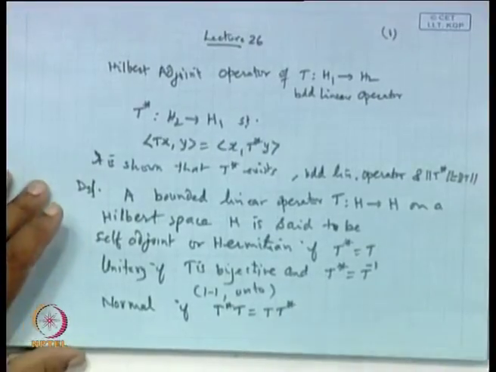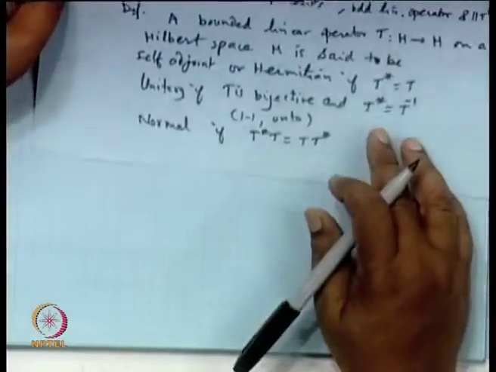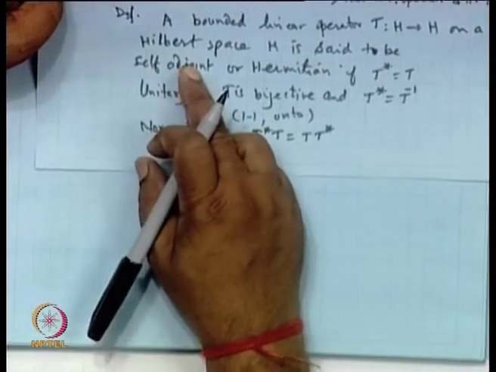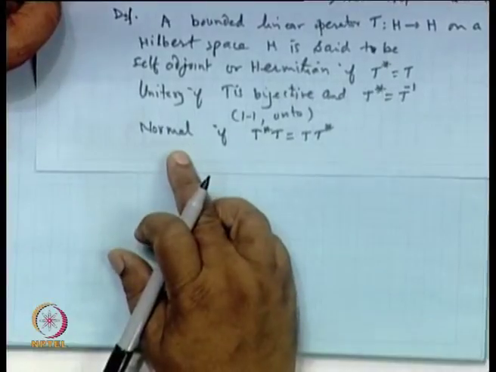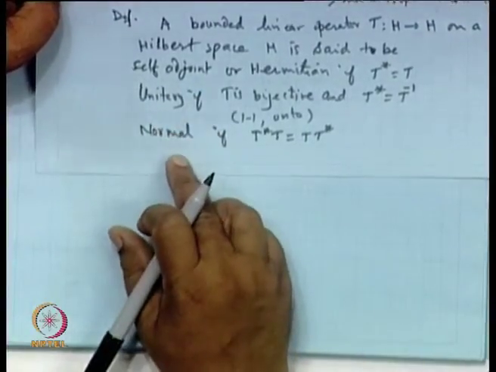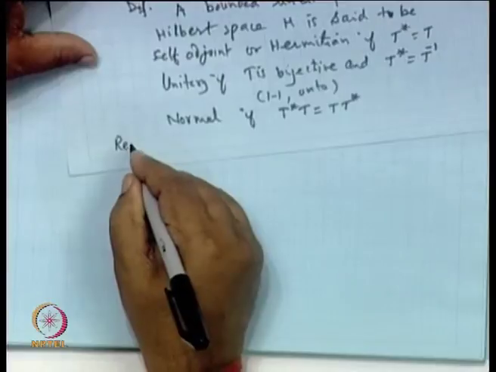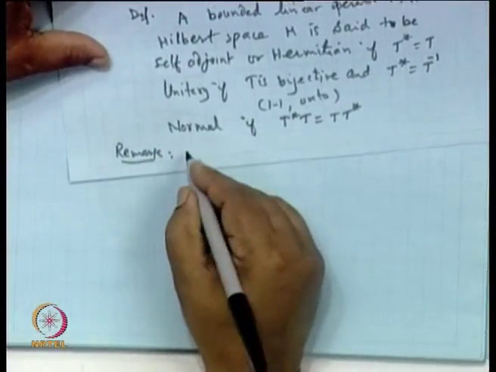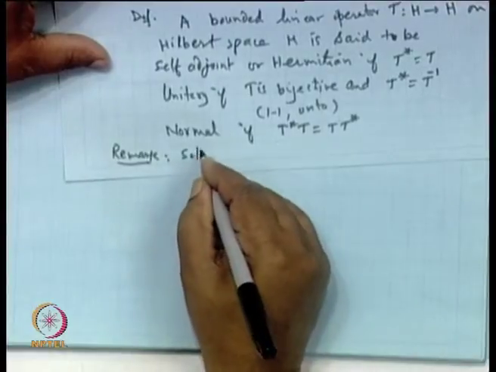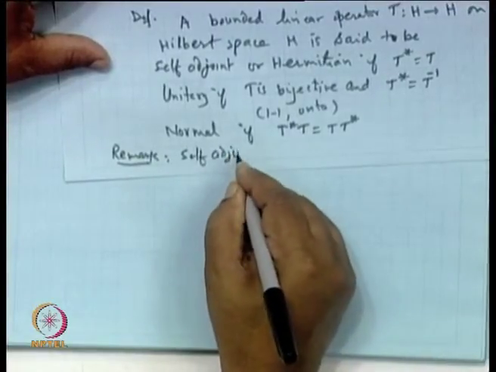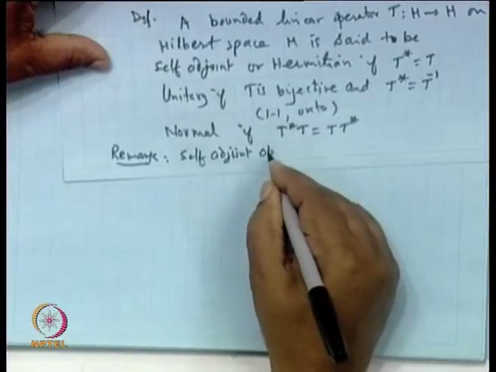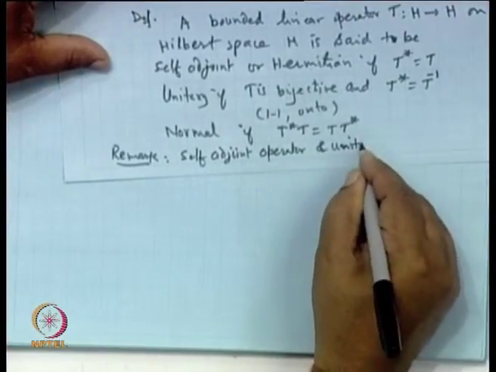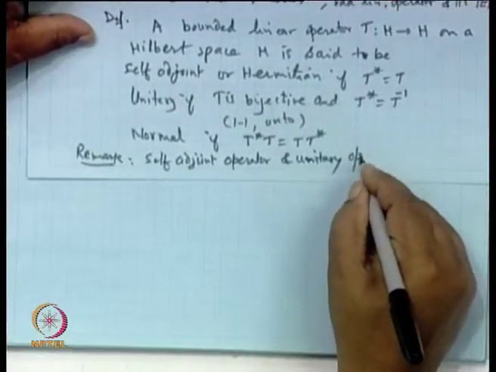And this we have seen that every self-adjoint operator is a normal operator, and a unitary operator is normal. So, as a remark, we have seen in fact that self-adjoint operators and unitary operators are normal.